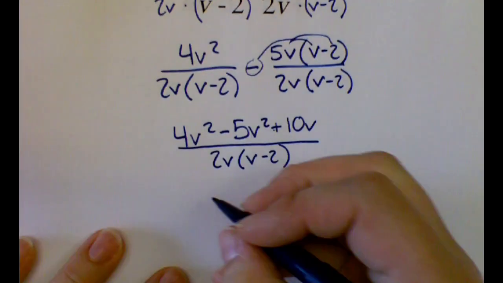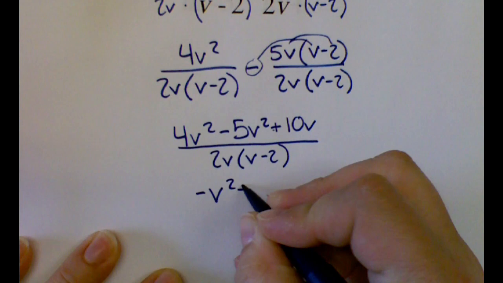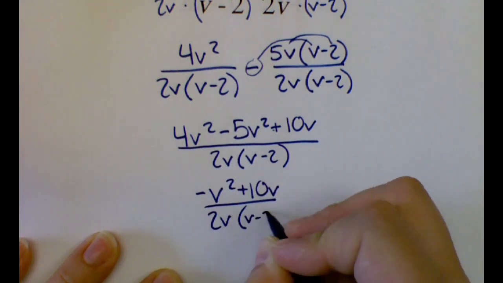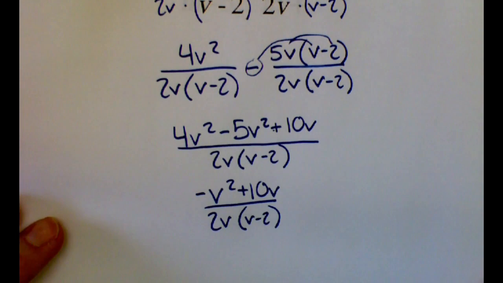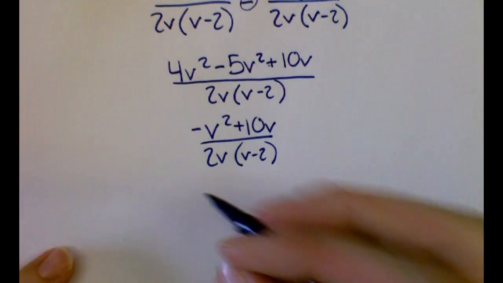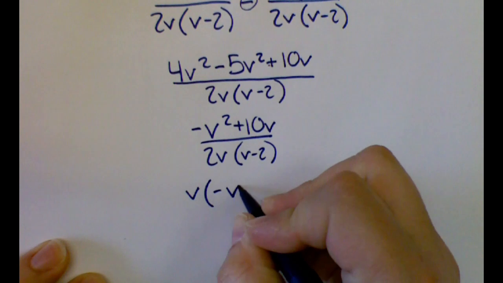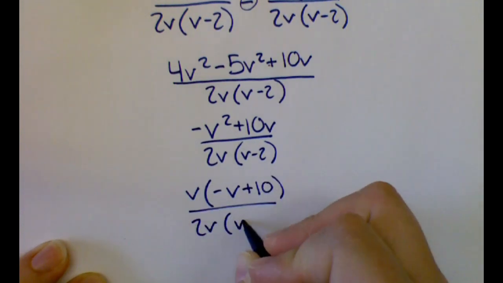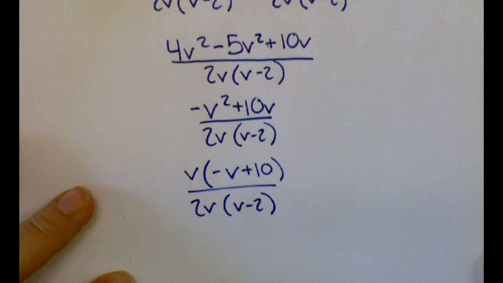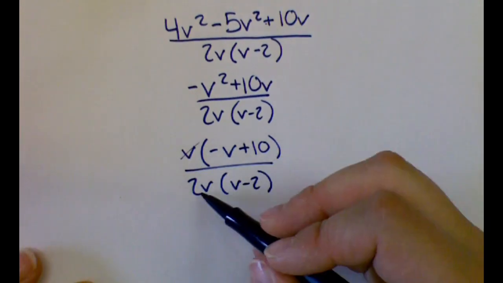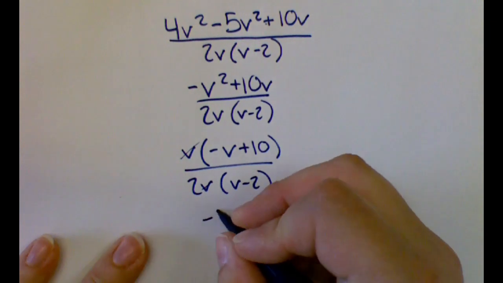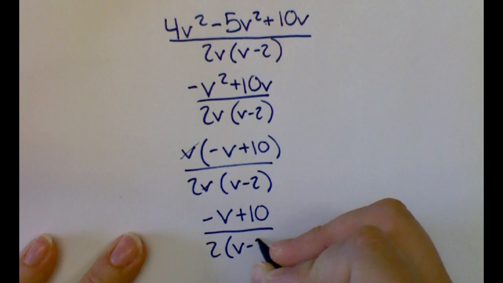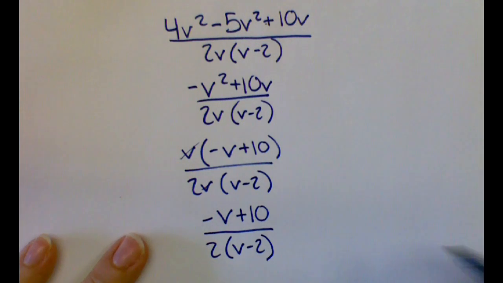Combine my like terms in the numerator, I get negative v squared plus 10v over 2v times v minus 2. Well, my numerator has a common factor that I can take out. I can take out a v. And leaves me negative v plus 10 over 2v times v minus 2. And now I can cancel this v from the numerator and denominator, leaving me negative v plus 10 over 2 times v minus 2. Now we say what v cannot equal.